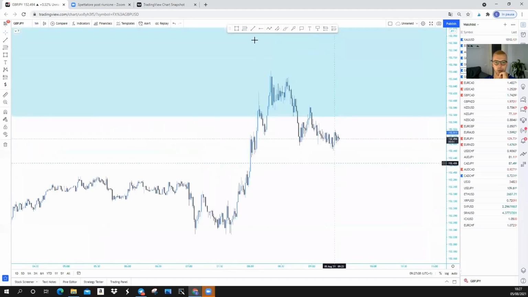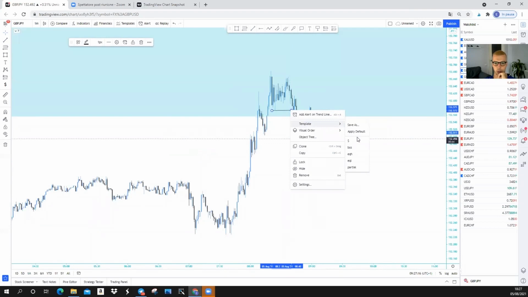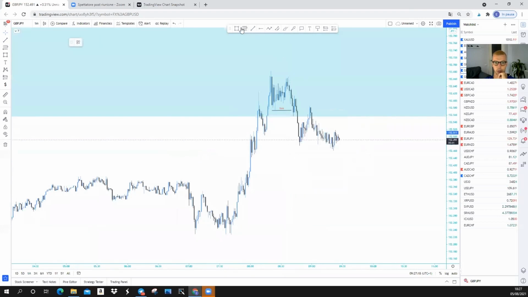Okay, so it could have been already a trade from here. So we have break of structure, some type of supply, and it could have been already a trade from here, but with an aggressive entry.